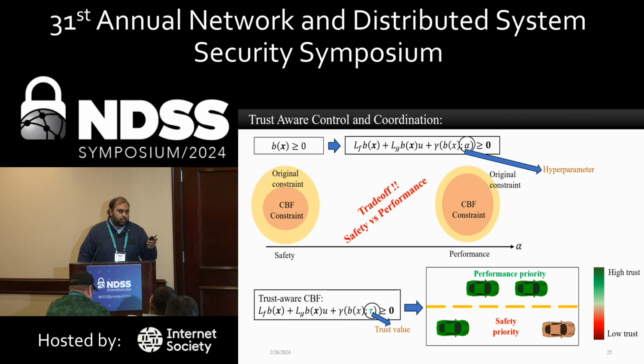Whenever we are cooperating with a vehicle that does not have high trust, we can prioritize safety, and when the vehicle is cooperating with a highly trustworthy vehicle, we can focus on performance, meaning throughput maximization. Essentially, we have an adaptive control scheme in our optimal control framework, and the adaptation is through this idea of trust between the vehicles.